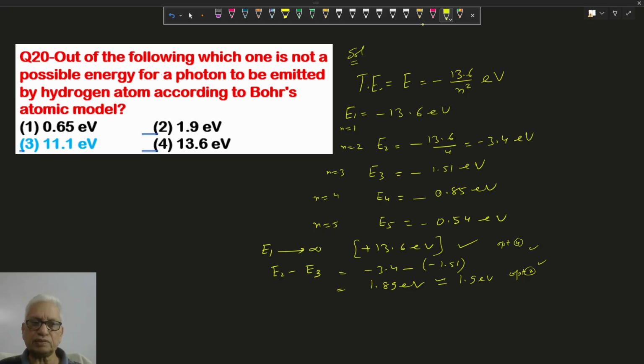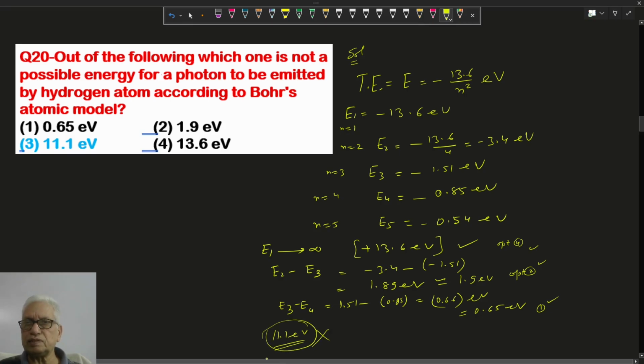Another possibility is E3 minus E4, which is 1.51 minus 0.85, so the energy required is roughly 0.65 electron volt, and option 1 is also correct. But 11.11 electron volt energy difference is not found in any combination. So option 3 is correct as not possible.